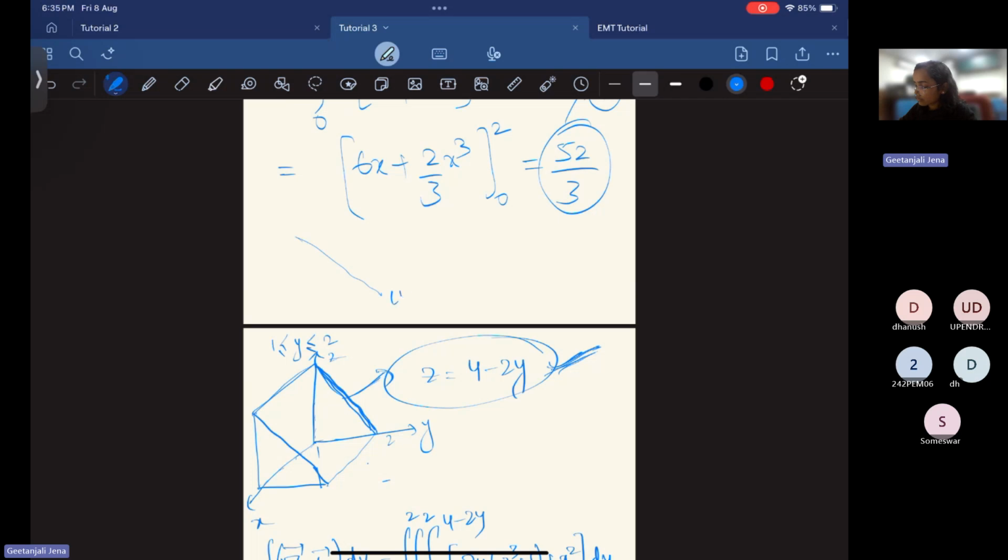This is the line through y1, z1 and y2, z2. So you have z minus z1 is y minus y1 times z2 minus z1 over y2 minus y1.